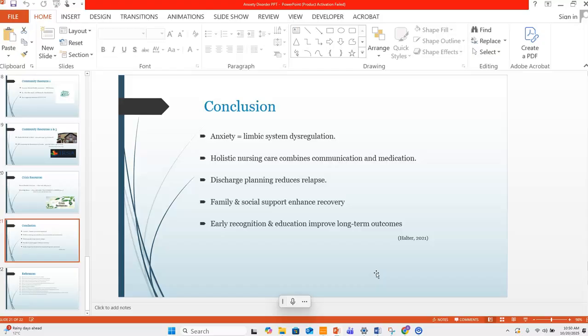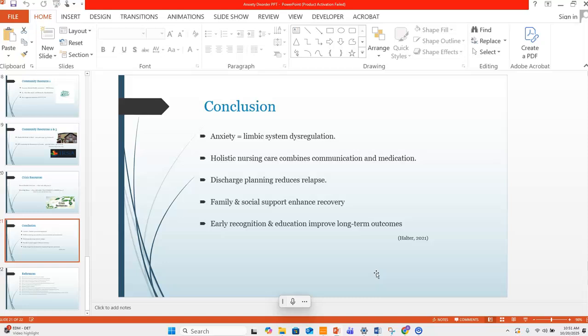To conclude, anxiety disorders stem from brain dysregulation but respond well to holistic care. Combining communication, medication, and education helps recovery. Discharge planning and family support prevent relapse, and early recognition makes a big difference in long-term outcomes.